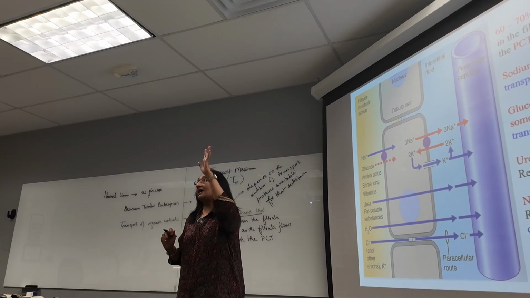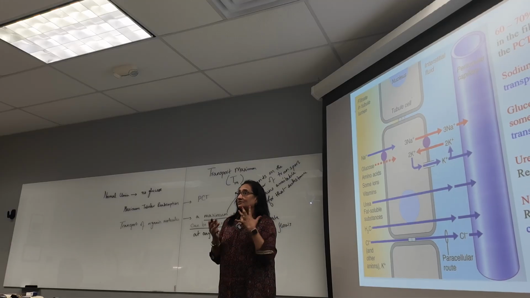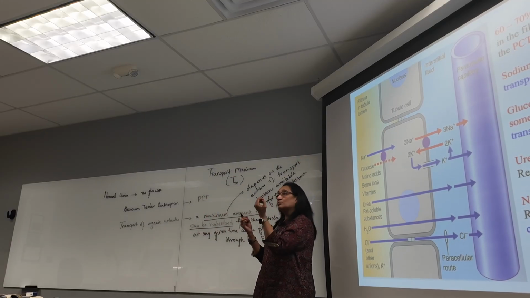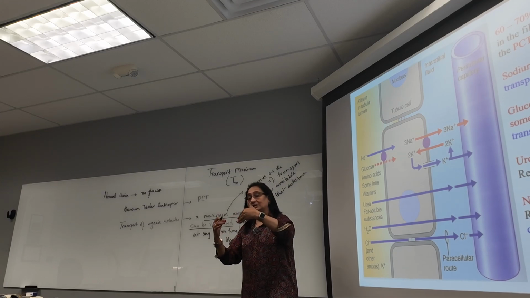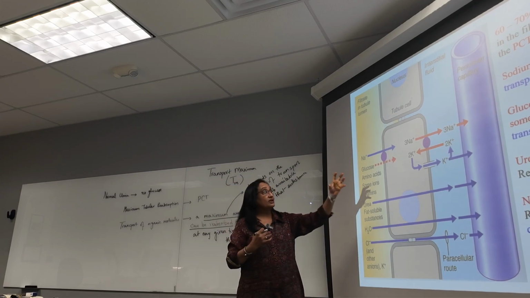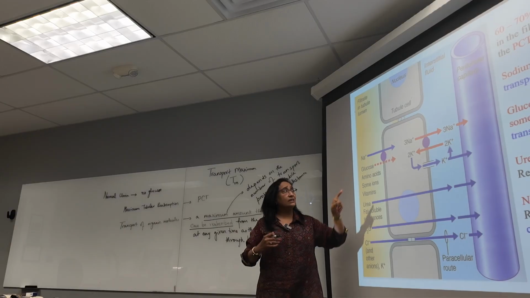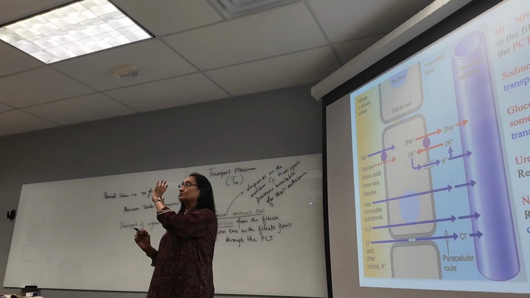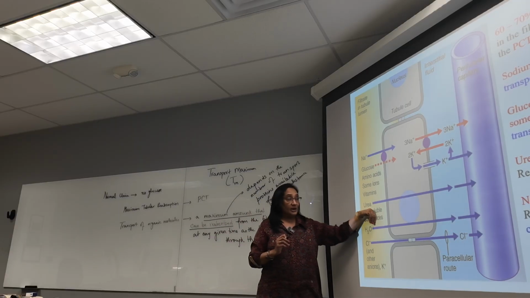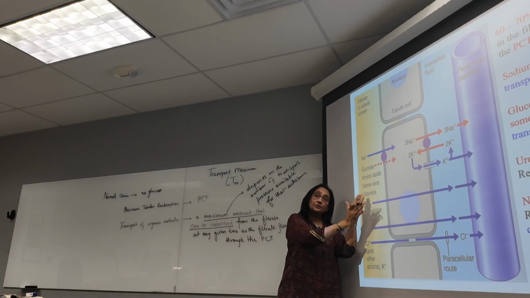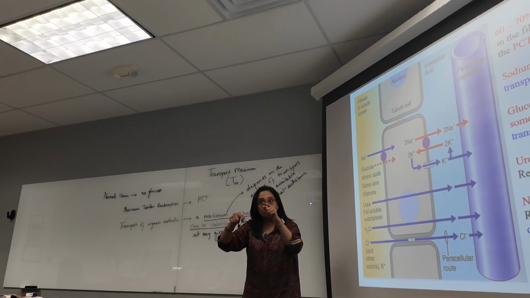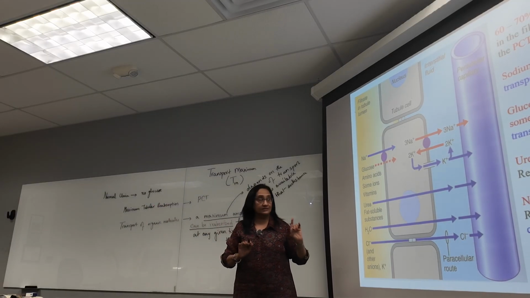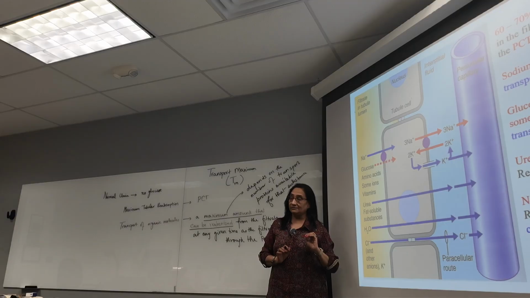It never is higher than that. So whatever glucose is filtered at the glomerulus, glucose is a small molecule, everything gets filtered. Whatever glucose is filtered is always less than the amount of transport proteins that are available. So everything gets transported. So by the time the filtrate moves from the proximal convoluted tubule into the descending limb, there is no glucose in the filtrate in a normal person.